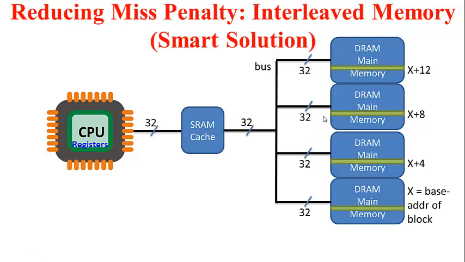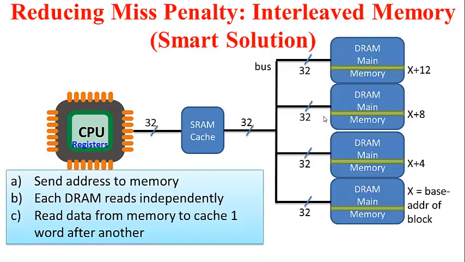And in this interleaving lies the smartness of this idea, because the steps in reading the block of memory are going to consist of the following steps now. The cache controller is going to send an address to memory. And because of this interleaving, the same address will correspond to different words of the same block in these 4 different main memory units.